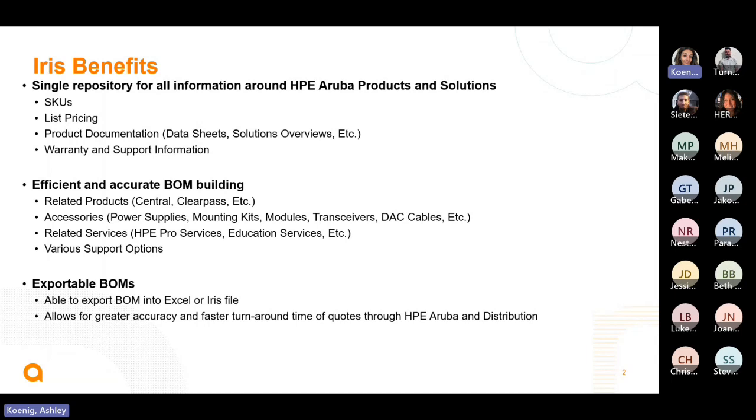This way you're not having to search a whole bunch of different sites. You can look at one place and see what's there. And then there are other products you can add, like professional services to help with installation. There are different support options. All of that will be loaded into Iris in one place.